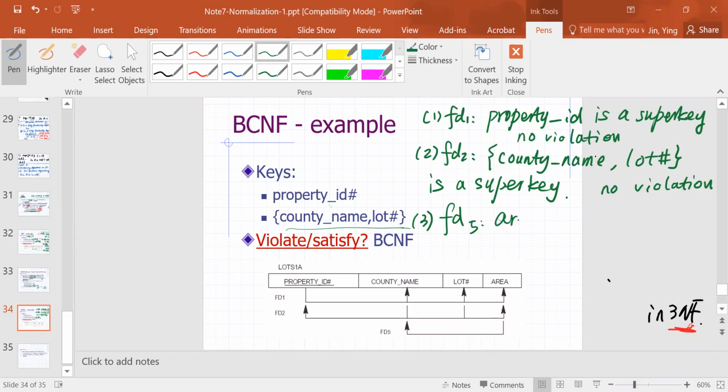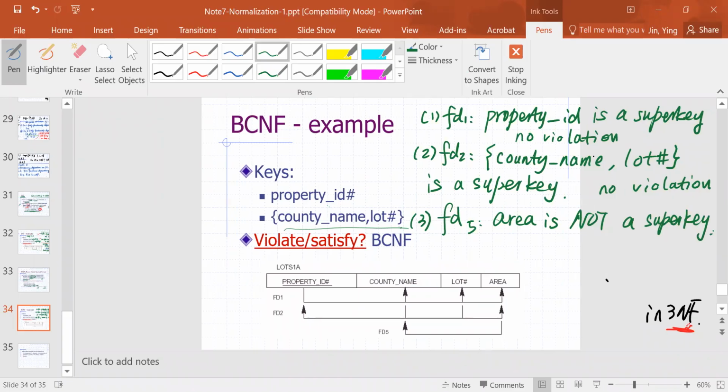We already know this is not a super key, right? So that's why this is a violation.